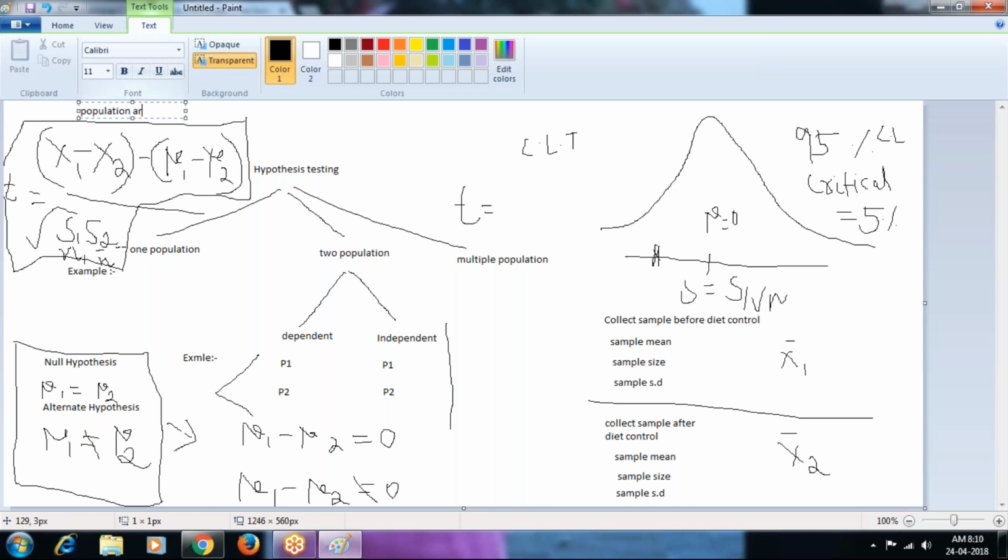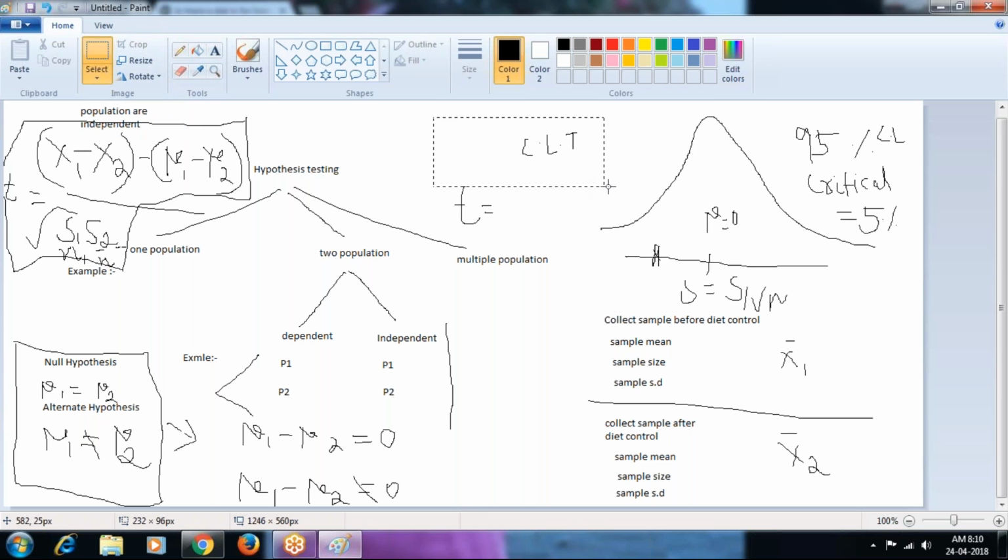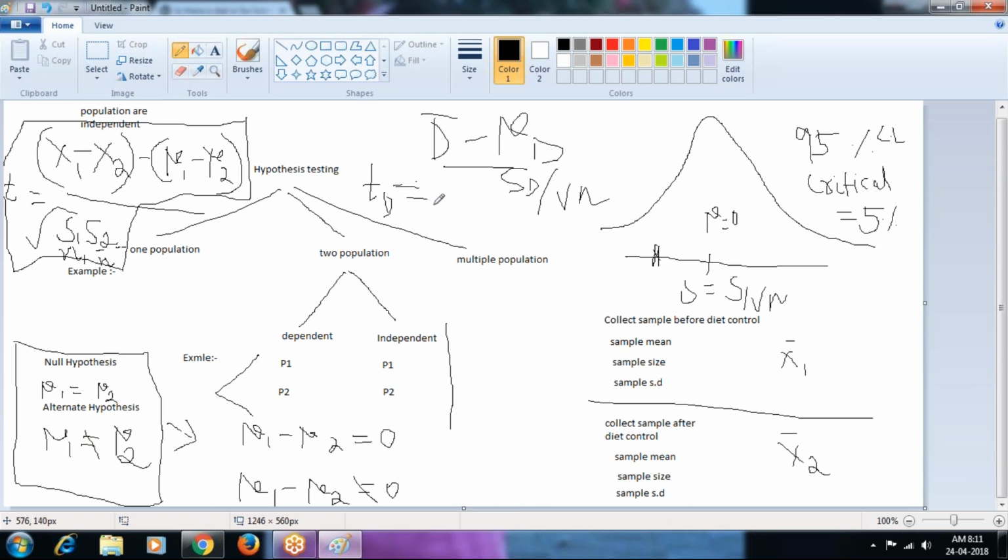Populations are independent. And when they are dependent, it will be d minus mu of d, over s of d over root n.